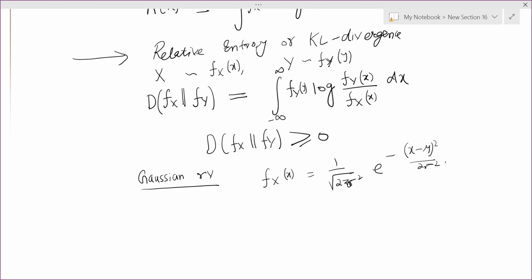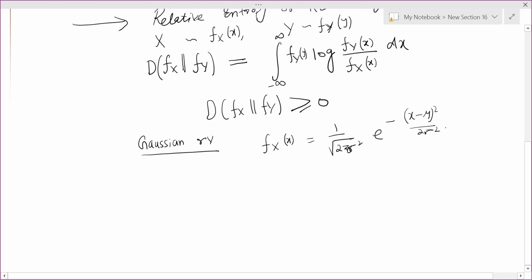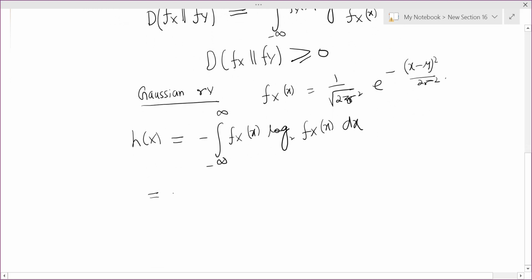Now what is the entropy of the Gaussian distribution? So we will use the definition. h of x is minus integral from minus infinity to infinity fx of x log to the base 2 fx of x dx. So this will be equal to minus integral 1 over root 2 pi sigma square.